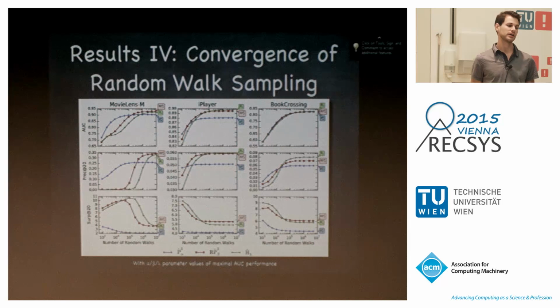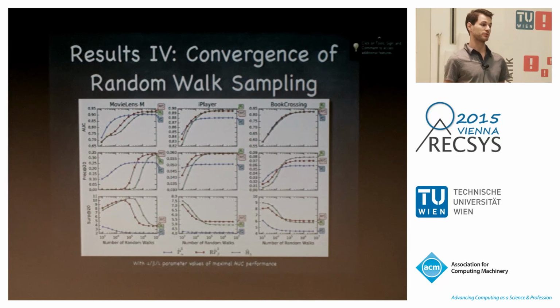So this basically means that our sampling approximation gives the exact same ranking in the end as the exact calculation.